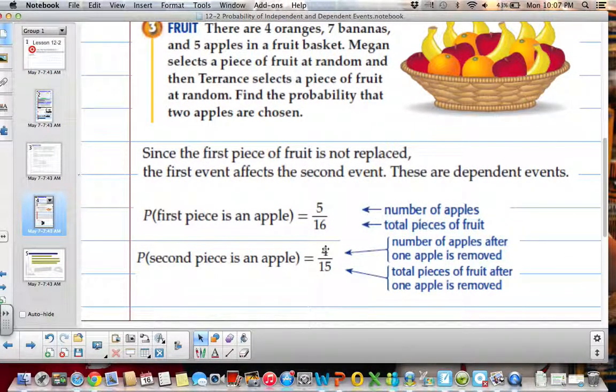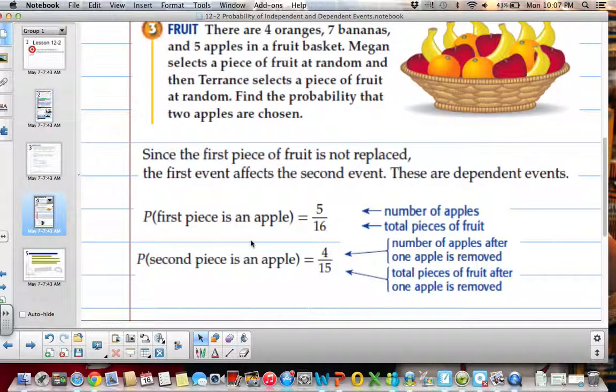So now we need to change Terrence's probability to 4, because there's only 4 apples for him to choose from in the basket. But also, that apple is gone, so there's only 15 pieces of fruit left. So see how the probability changes for Terrence after Megan selects her fruit. This is why these are dependent events.